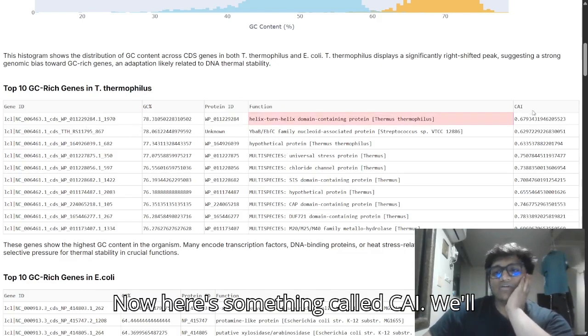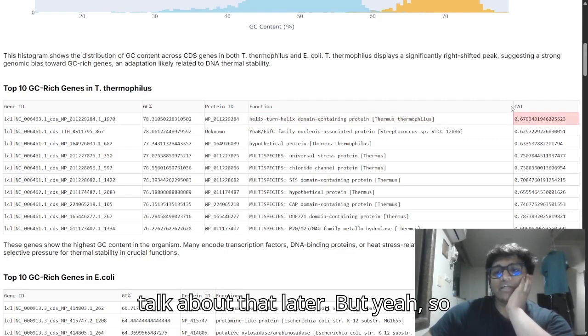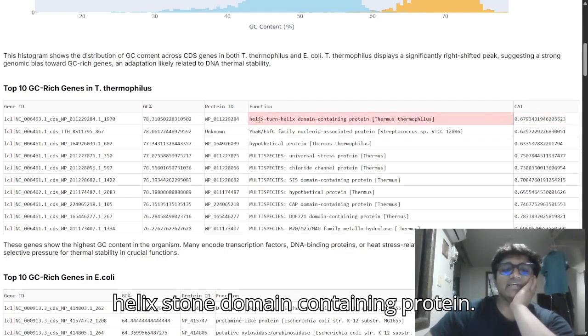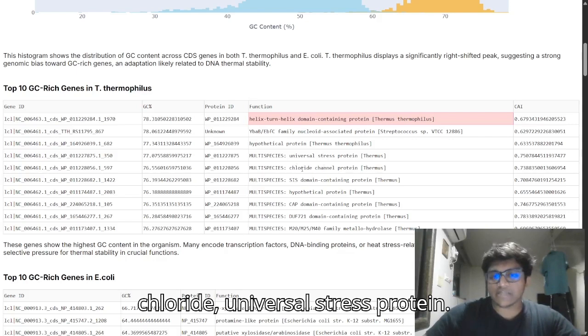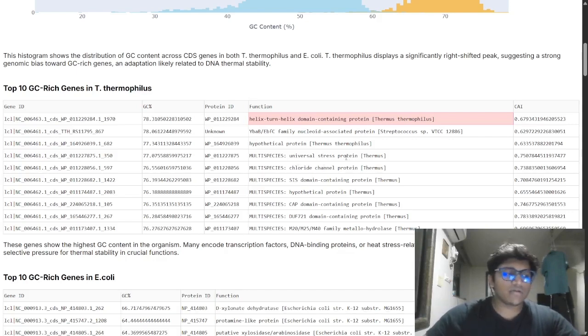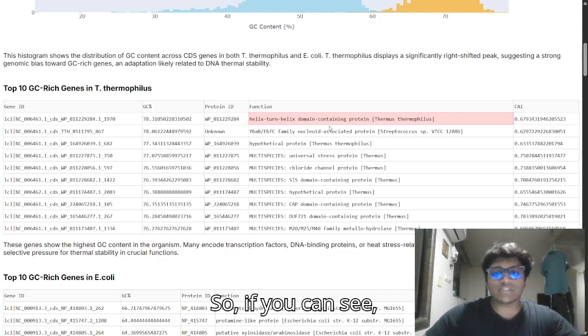Now here's something called CAI. We'll talk about that later. But you can see the first one is a helix-turn domain containing protein. Then we have chlorides and a universal stress protein. So it has a helix-turn-like protein.